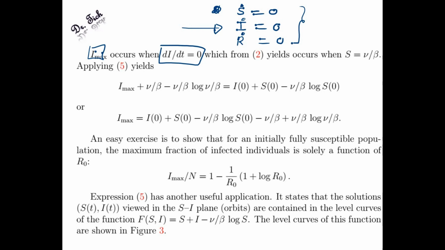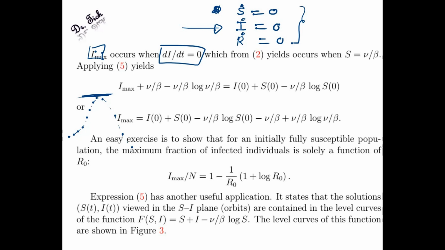Remember, infections increase and then stop increasing, then they start decreasing. So where they stop increasing, at the turning point, that's where our maximum is found. At the turning point, the gradient or the rate of change is supposed to be equal to 0.